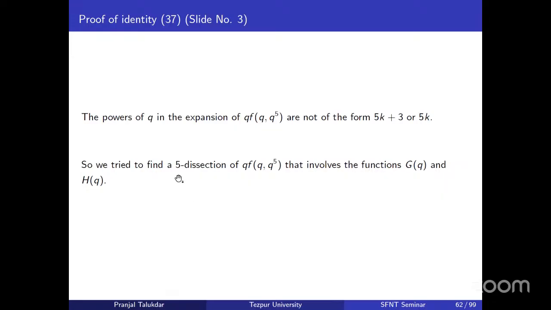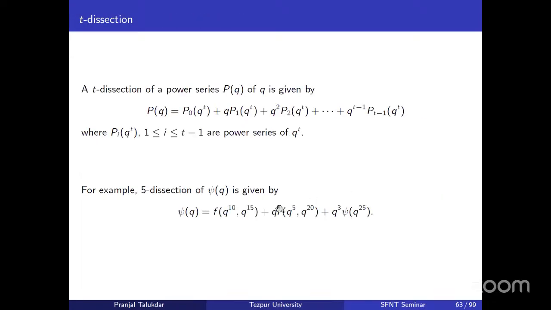So we try to find the 5 dissection of this series, which involves functions g q and h q. A t dissection of a power series is basically a way of expressing this power series in t minus 1 power series of q to the power t.